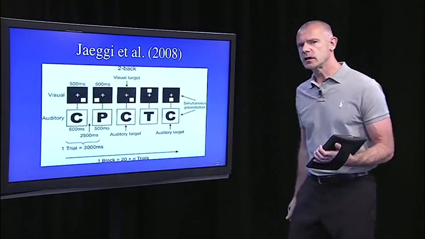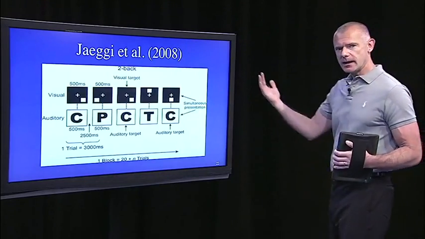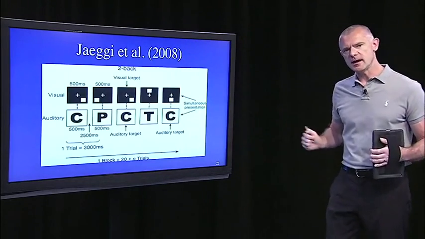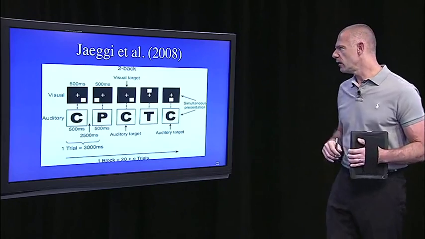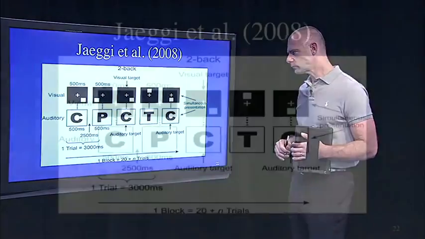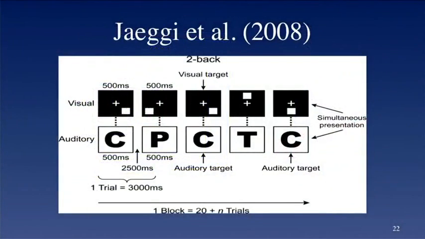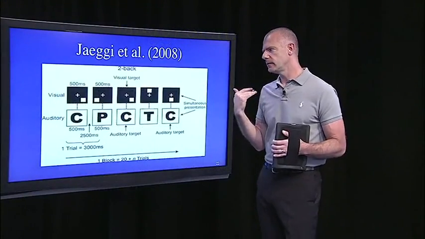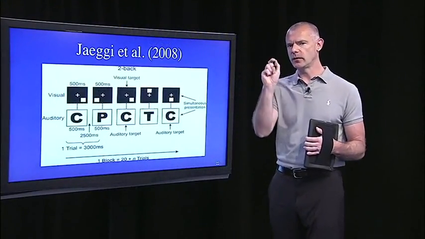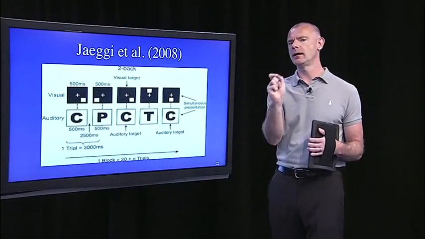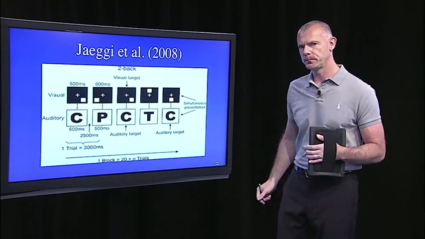So this study was conducted by Yaki et al. I know that looks like Jagi et al., but it's pronounced Yaki et al., 2008. And what I'm depicting here is a memory task that we refer to as the n-back task. In the n-back task, subjects are presented with a stream of stimuli, and they have to detect when the current stimulus matches the one n back in the stream.